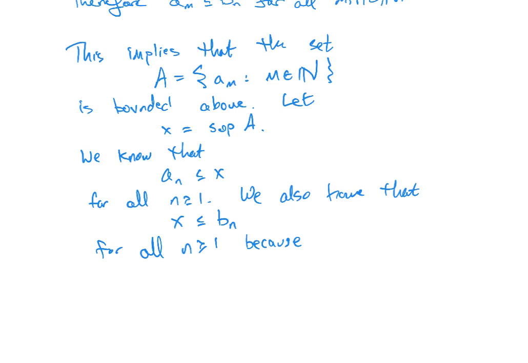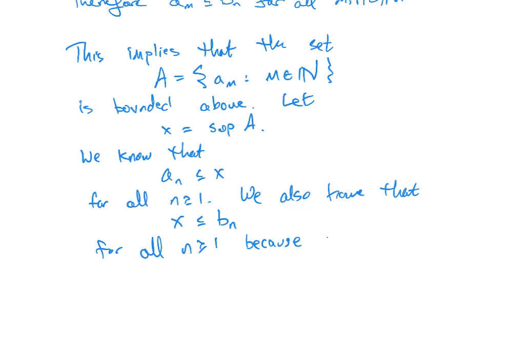I agree. Isn't that one of the properties of the supremum? Yes, there's a slightly easier way to do it. All of the Bn's are upper bounds on the set A, and X is the supremum, so it's less than or equal to all the upper bounds.